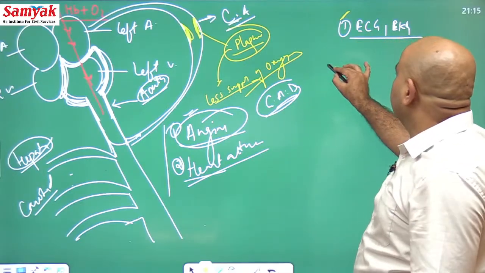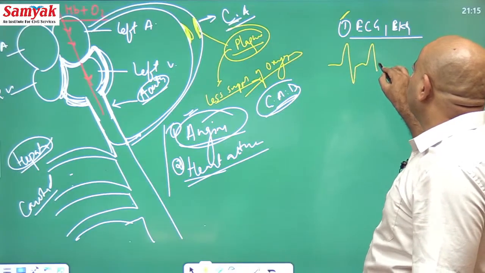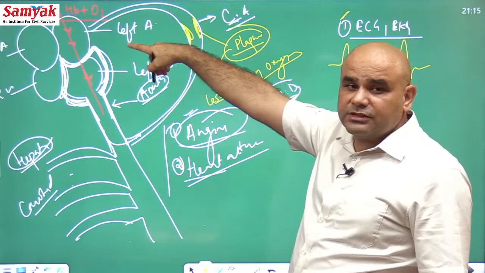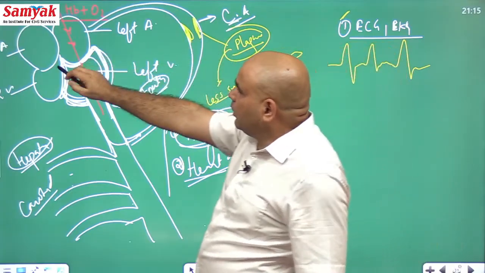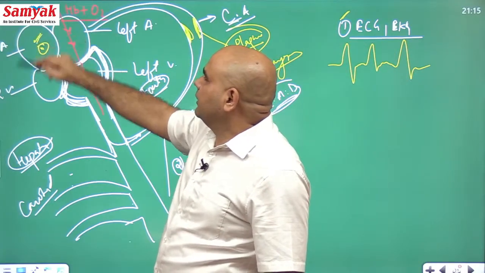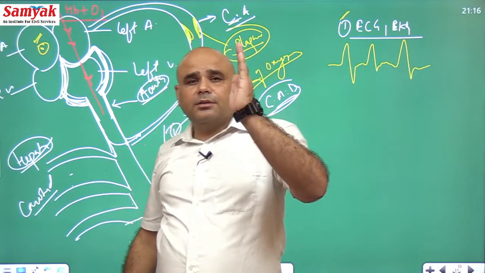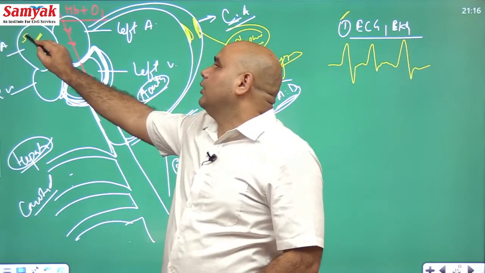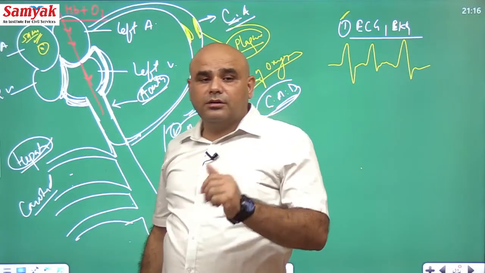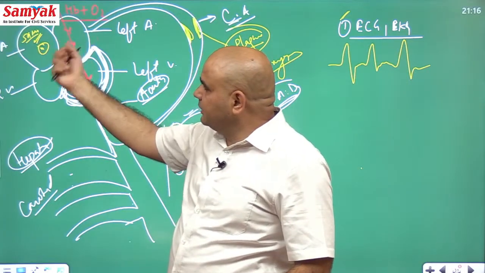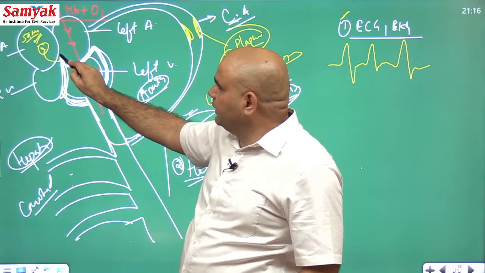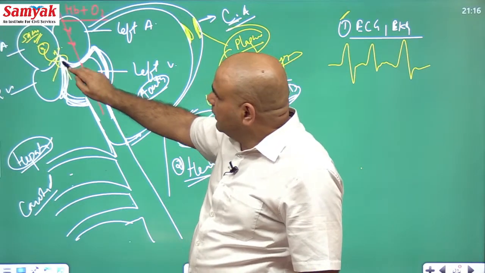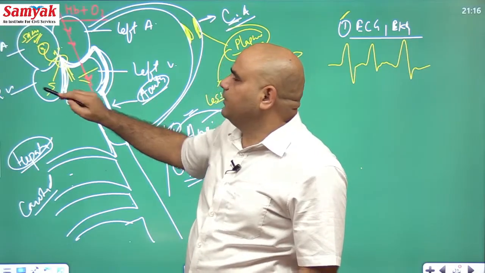You know very well how an electrocardiogram is performed, and what is checked in it. In the right atrium there is the pacemaker of your heart, named the sino-auricular node or SA node. From here the impulse is generated, then it travels towards the AV node, and from the AV node to the bundle of His and Purkinje fibers.